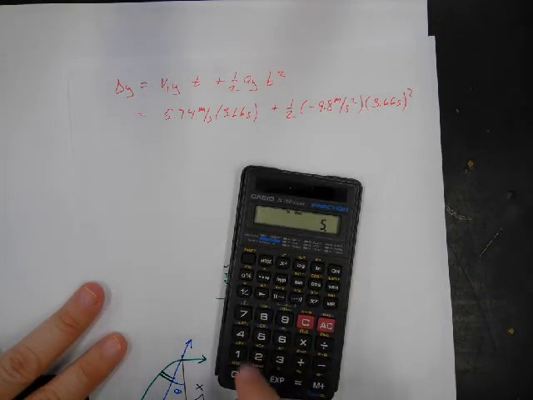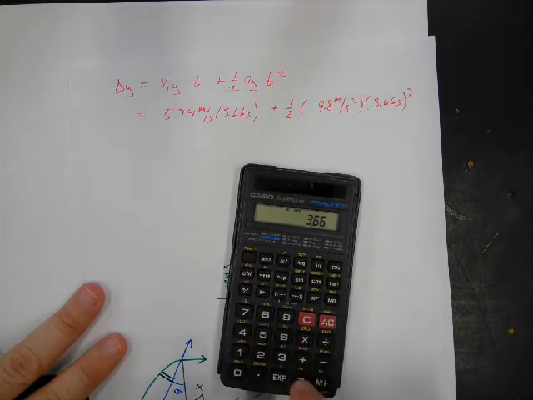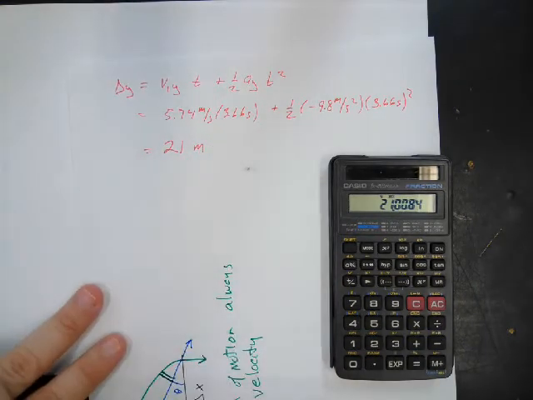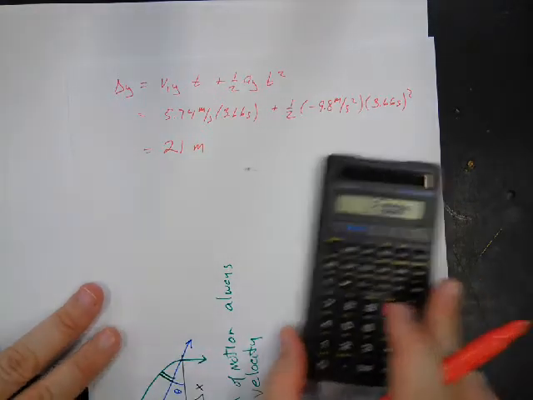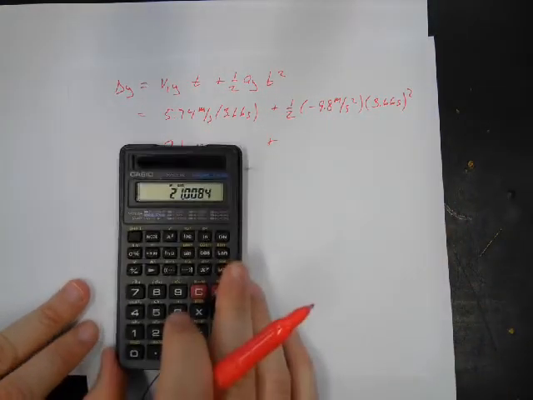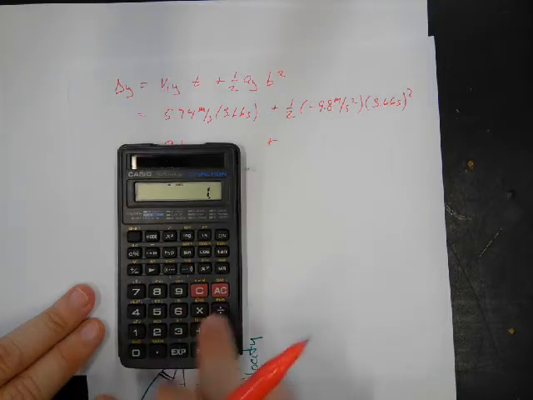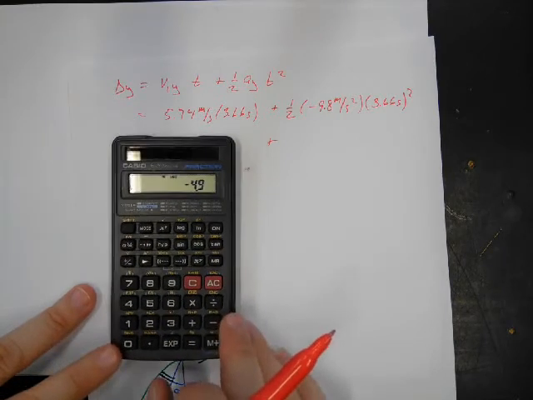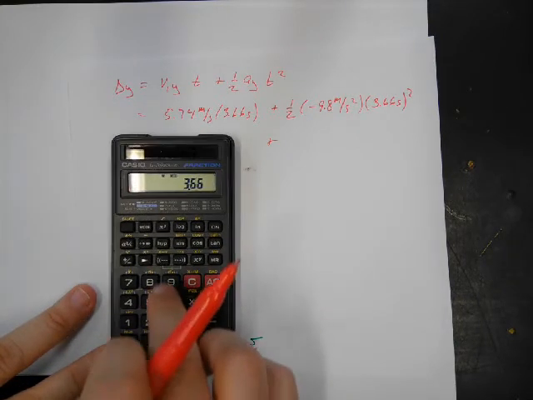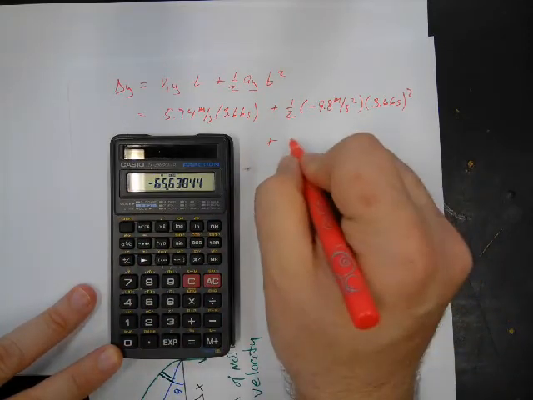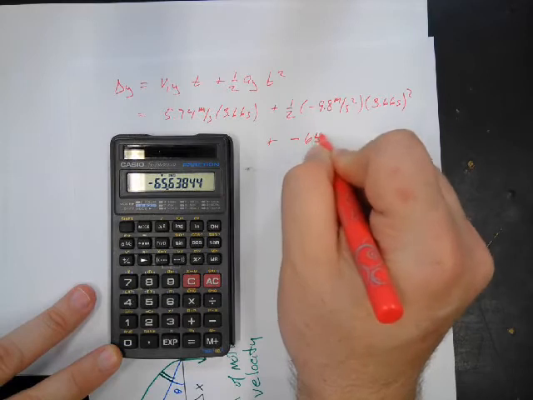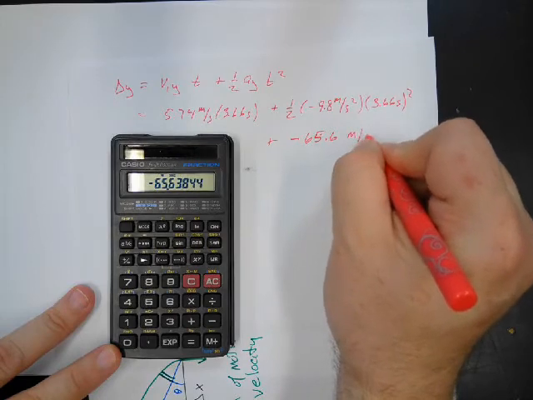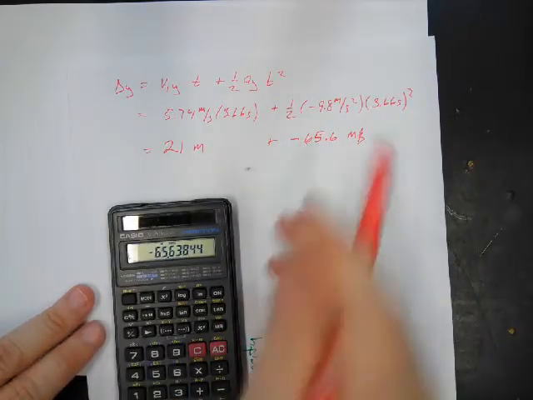And so we'll calculate each term separately. So 5.74 times 3.66 is 21 meters, 2 sig figs, oddly, plus, and then we have 1 divided by 2 times 9.8 is negative, and we have times 3.66 squared, and it'll be minus 65.6 meters, and so it's negative.